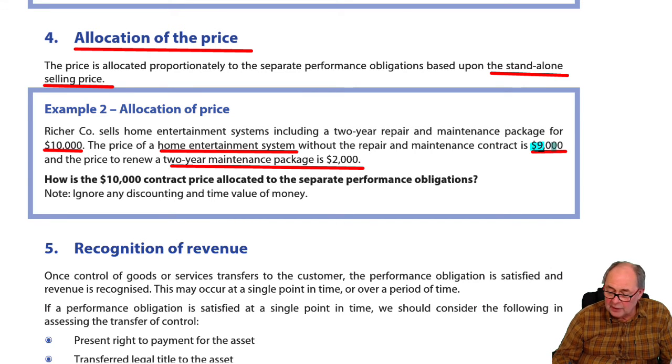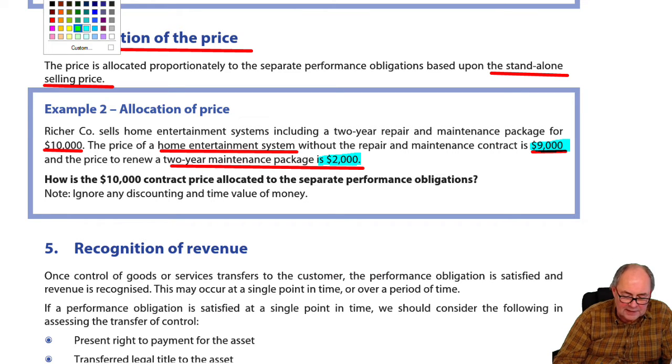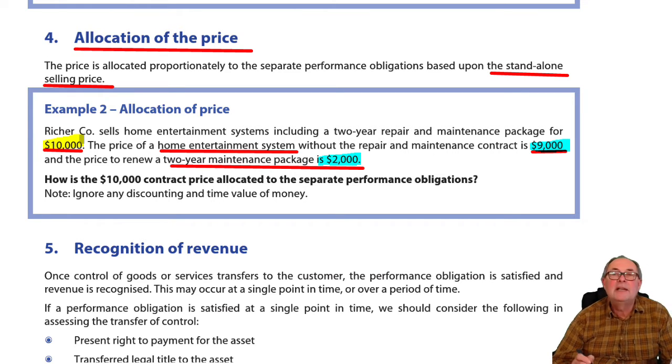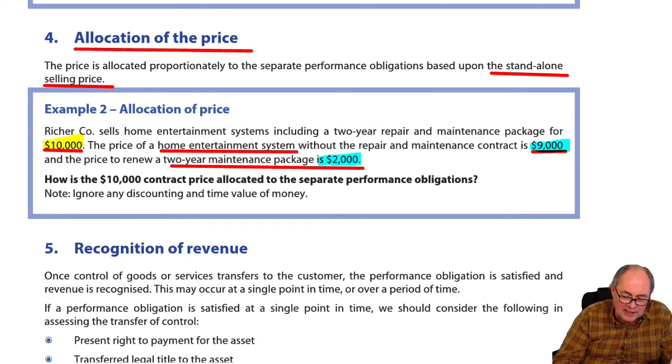The standalone selling prices are highlighted in blue. The bundle price is highlighted in yellow. So I'll need to do a little bit of working to sort that out. I can see this is over 2 years.